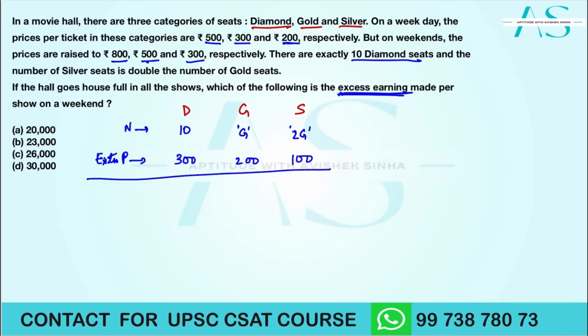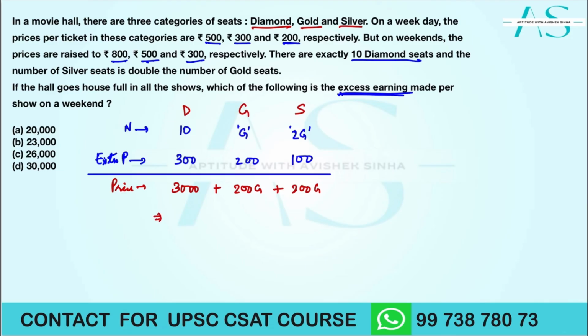Now, since there are 10 tickets of diamond, so the total earning is 3000 plus 200 into G, then 100 into 2G is basically 200G. So collectively, this is actually 3000 rupees plus 400G. Now this is my answer.